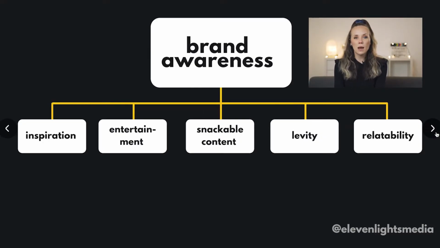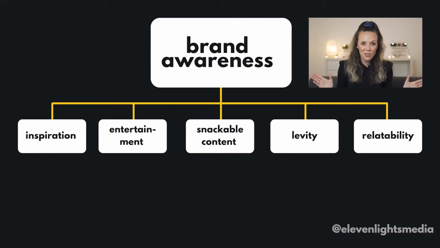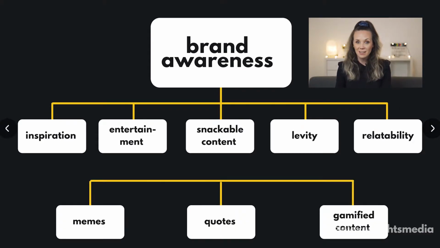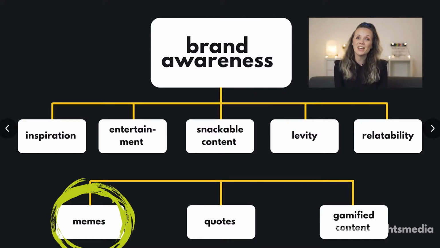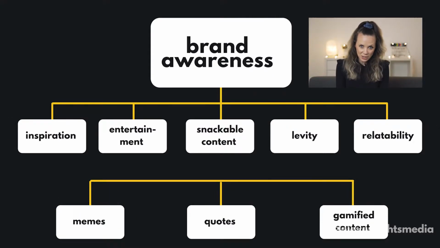Okay, so we're back at our brand awareness content, and you know that this is all about getting your brand out there. It's all about getting people to share your content, to engage with your content, to get new eyeballs on your content. So the type of content that works well here is memes, because they're incredibly shareable. And they're also relatable.